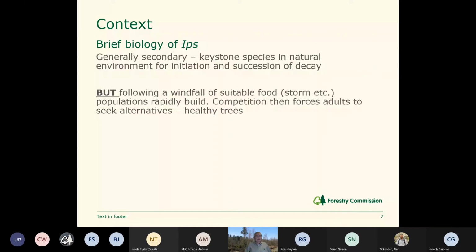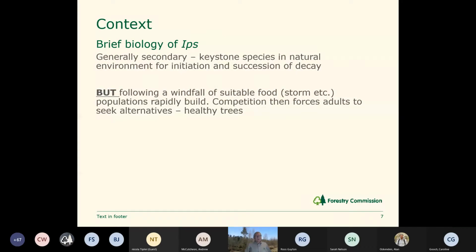Although it's a secondary pest, in the right circumstances it can develop into a primary pest, because the competition for resource builds up to such a point that the beetles start attacking very healthy trees.